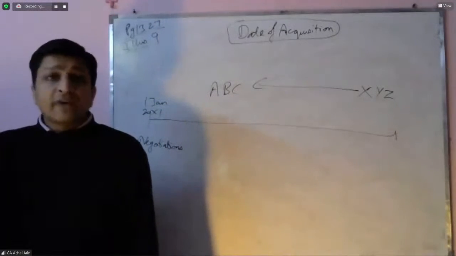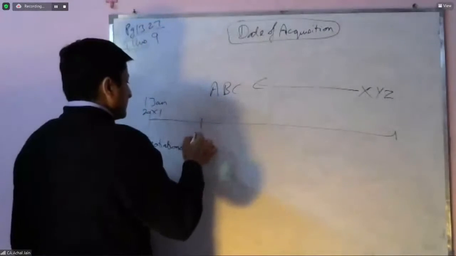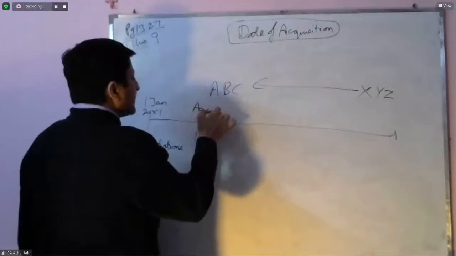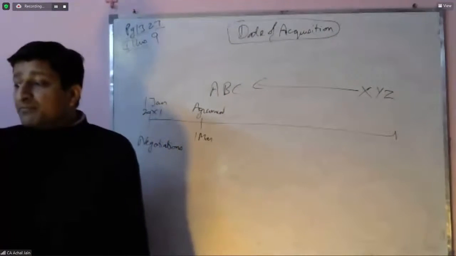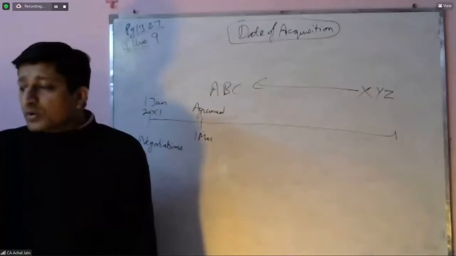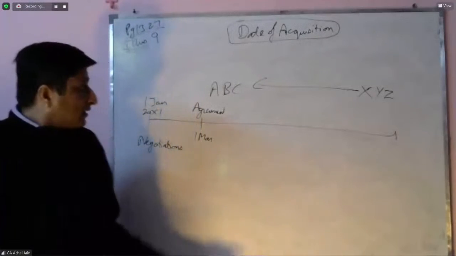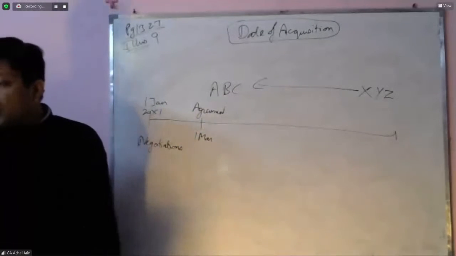And the agreement was finalized on 1st of March. On 1st of March, agreement is finalized. While ABC obtains power to control XYZ's operations on 1st of March, okay, so ABC is getting power to control operations of XYZ on 1st of March.